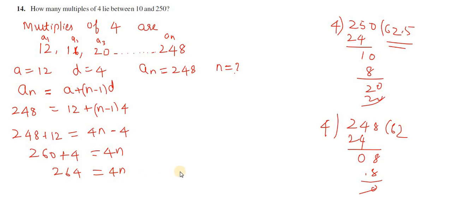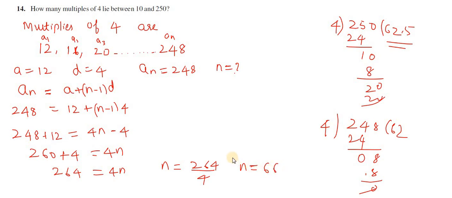So n is equal to 264 divided by 4. How much are you going to get? n is equal to 66.